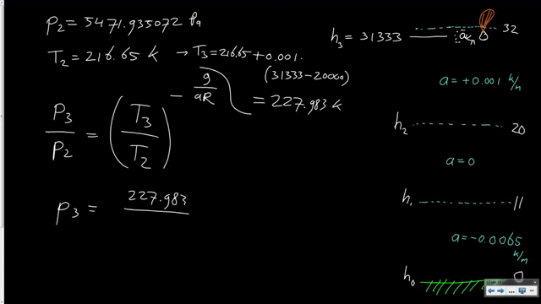Then P3, now we can calculate, we fill in the numbers, 227.983 divided by the starting value for the temperature to the power minus 9.8065 divided by 287.0. And now it's a positive lapse rate. So our exponent becomes negative, but our complete division of temperatures T3 over T2 becomes larger than 1, so it all works out.